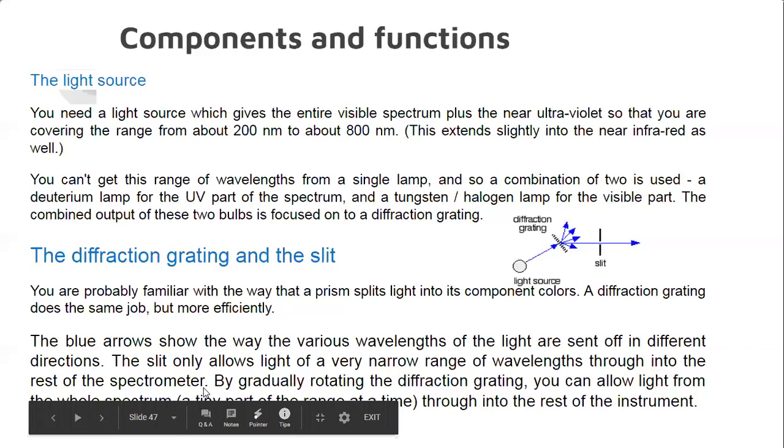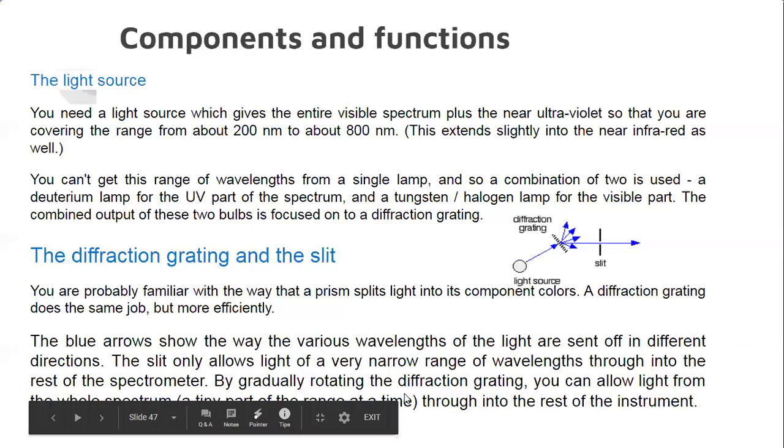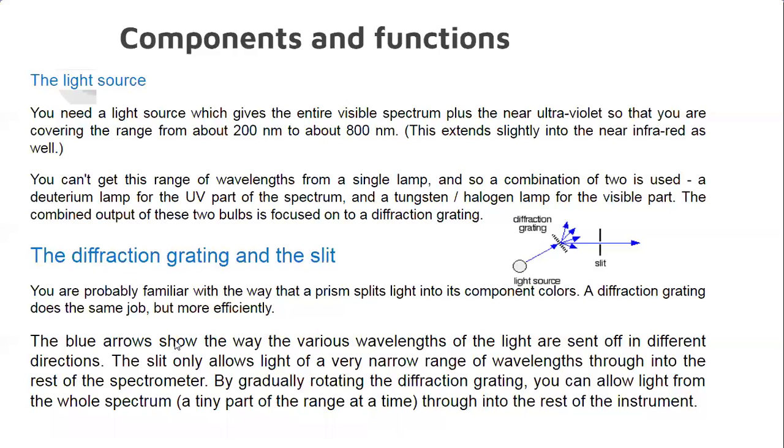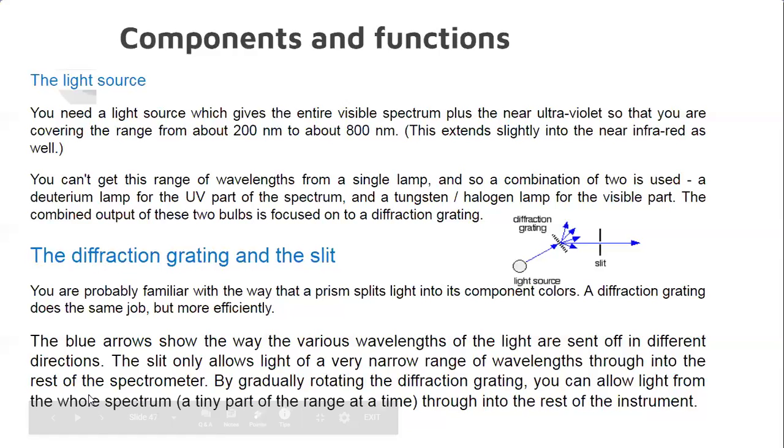By gradually rotating the diffracting grating, you can allow the light from the spectrum. That means by rotating this, we can send the remaining narrow ranges of light radiation into the next part. By gradually rotating the diffracting grating, you can allow the light from the whole spectrum.